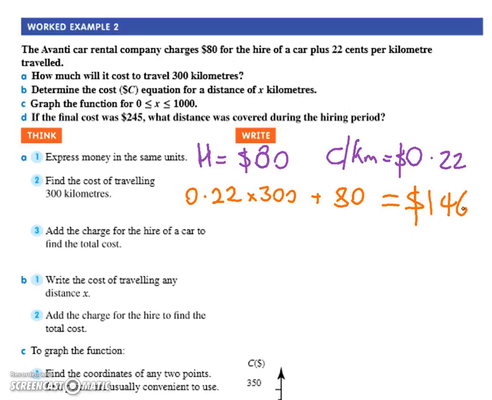Now what we have to do is work out how much the cost would be. So the cost for travelling X kilometres. We need to work out the cost for travelling X kilometres. What do we do?